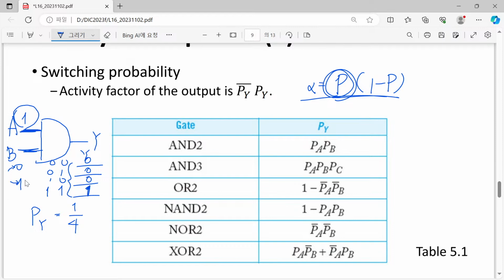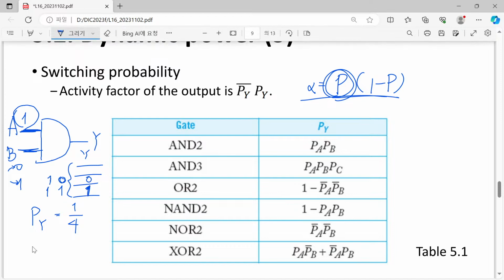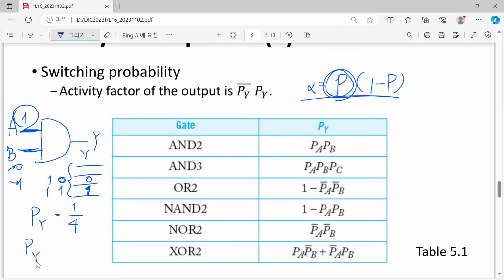Then in this truth table, this part doesn't contribute any longer, and we have 2 equally probable cases. A is always 1, only B determines the value of Y. So in this case, the probability of the Y variable is just half.